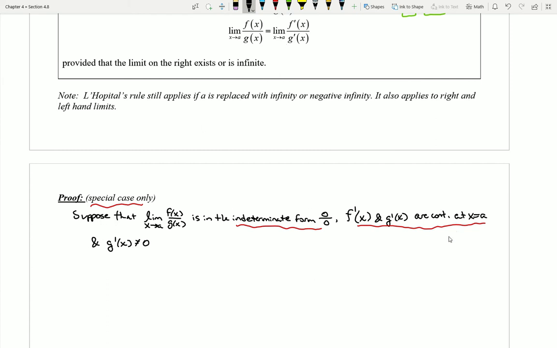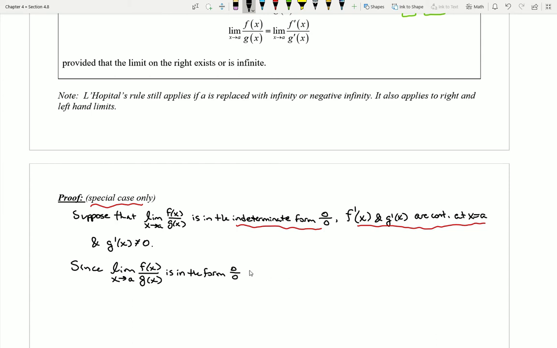So with this information as our givens at our beginning, we can see what we can start to determine from this. So first off, we could say that since it's the case that the limit of our f of x over our g of x is in the form 0 over 0, that obviously means that when we did a direct substitution, we got 0 on top and 0 on bottom.